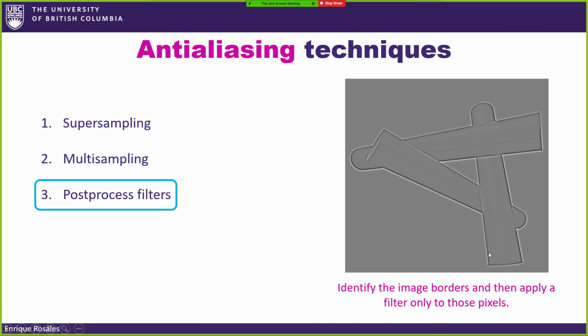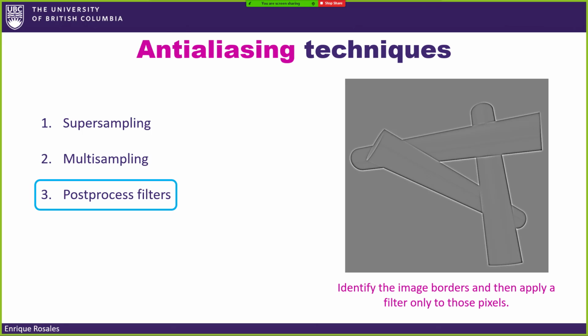You can use high-pass filters, or there are different filters in computer vision that you can apply to detect borders. So you identify the borders of the image, and then only for the pixels on those borders, you can apply a certain filter. For example, you can just average the colors, or there are a lot of different filters for that.